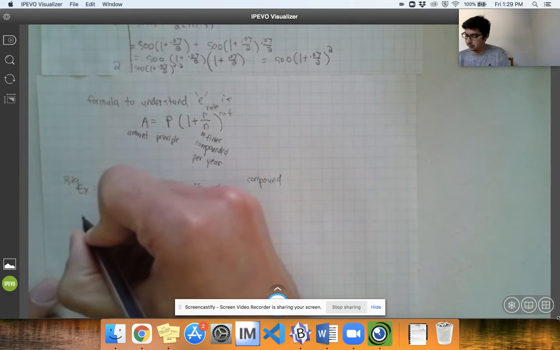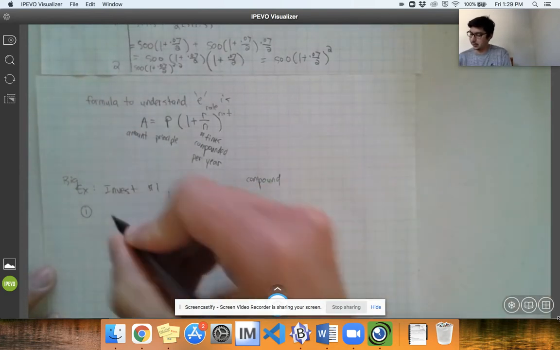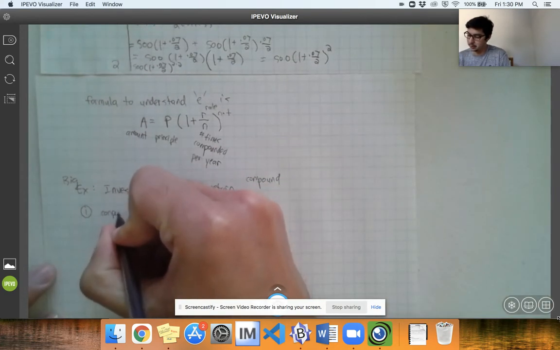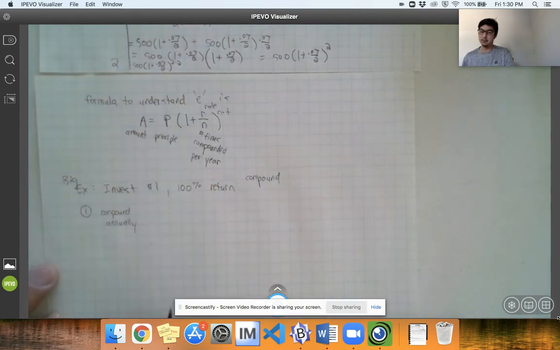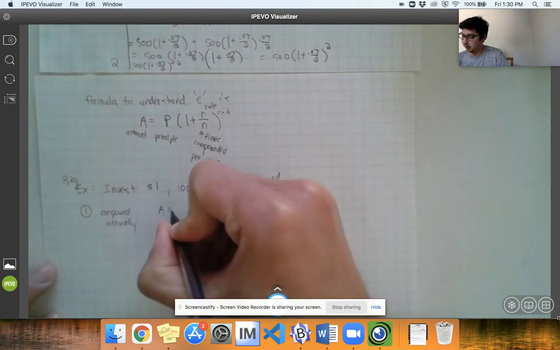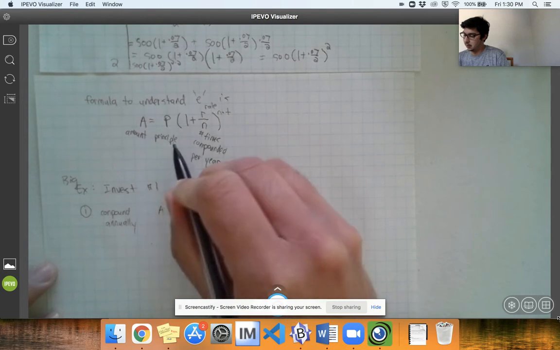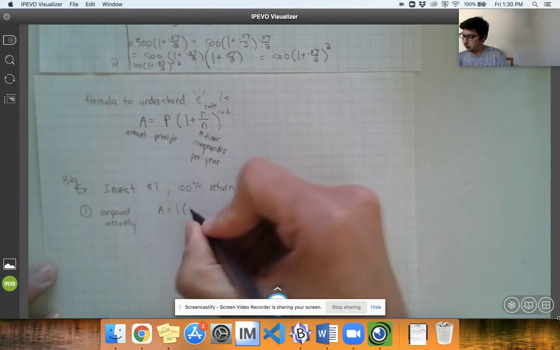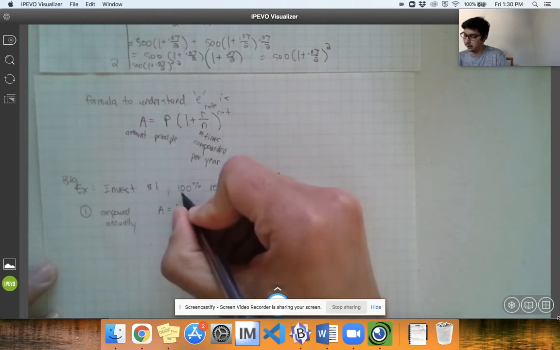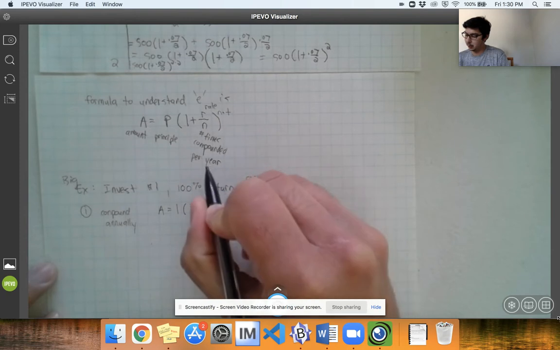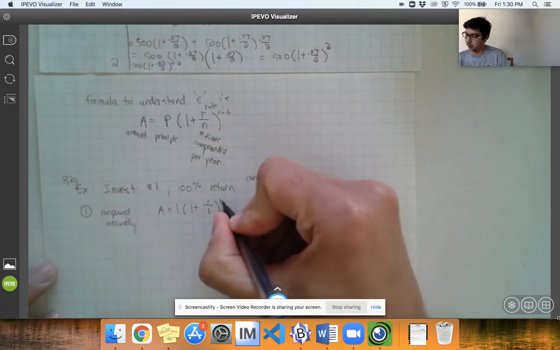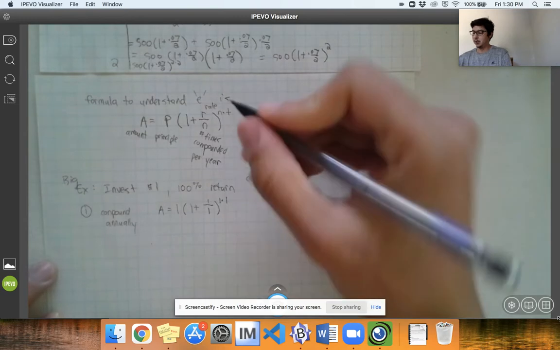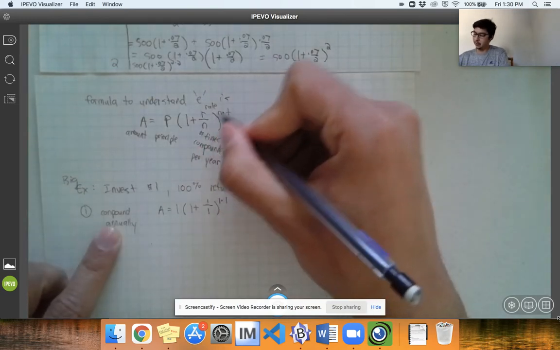Okay, so if we look at the first part, let's say that you compound annually. If you compound annually, I could say that the amount is going to be 1 plus your rate, which, if it's 100%, is just 1, over the number of compounds per year, which if it's annually is just 1, to the 1 times 1, because it's the number of times compounded per year, 1 for annually, times time.